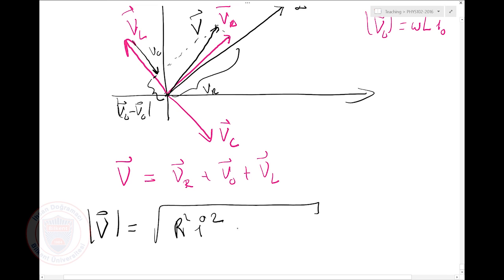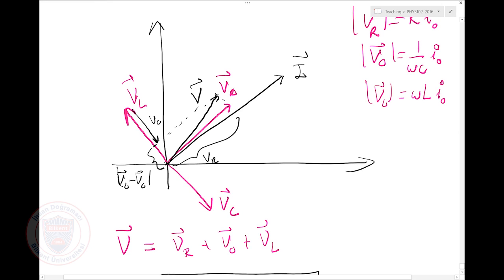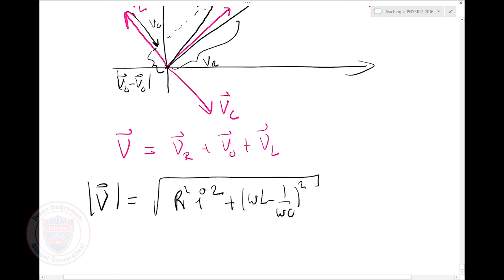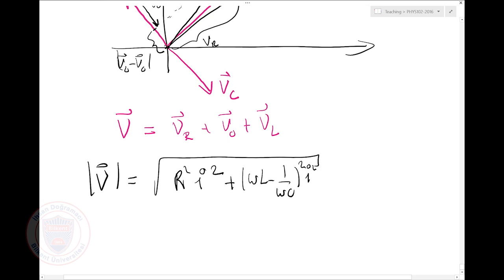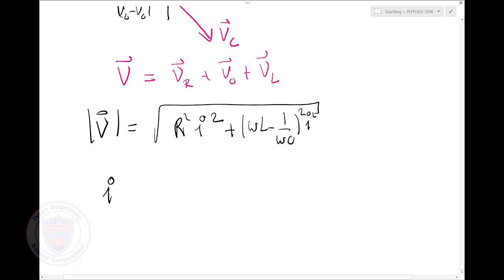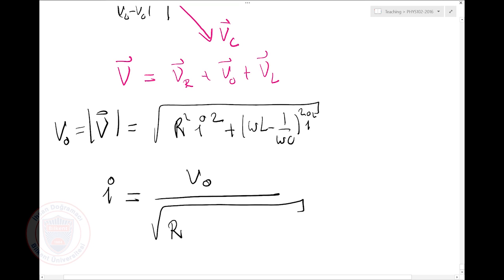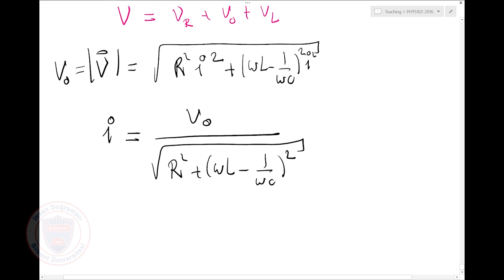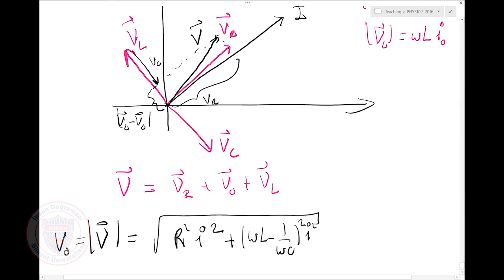So it's going to be R squared I squared plus (omega L minus 1 over omega C) squared I squared. And this magnitude must be equal to V0, so I magnitude must be V0 divided by the square root of R squared plus (omega L minus 1 over omega C) squared.